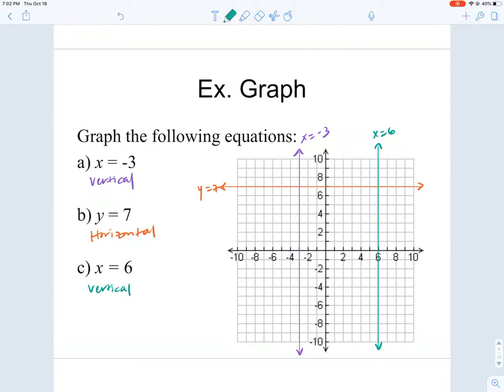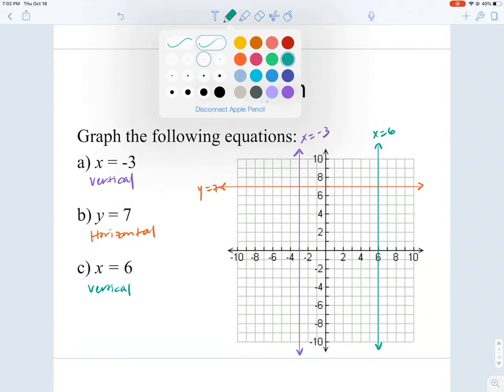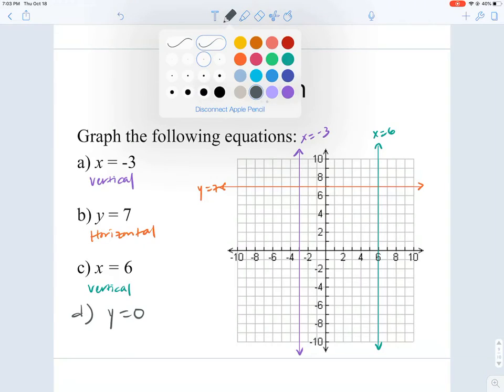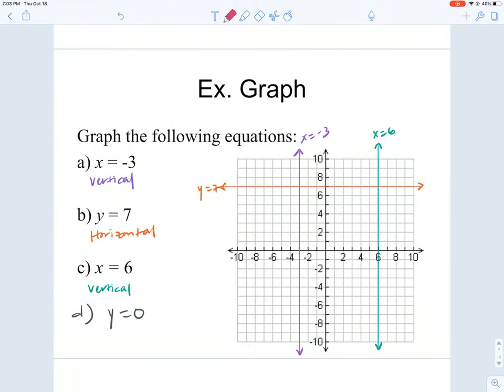Okay, let's see if there's one I wanted to add. Oh, let's add a couple here. So for D, what if we had y equals 0? Y equals 0 means that every point that lies on the line will have a y coordinate of 0.